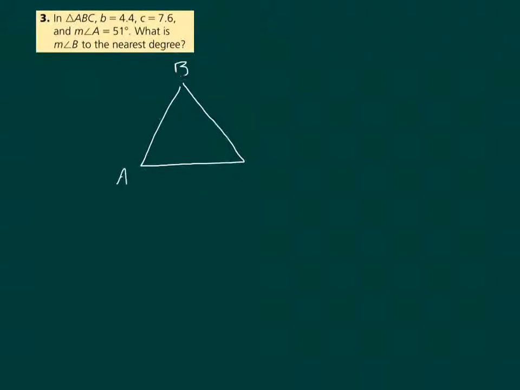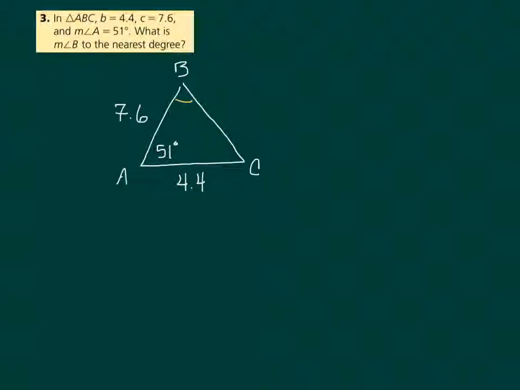A, B, C. We know side B is 4.4. We know side C is 7.6. And we know that the measure of angle A is 51 degrees. They want the measure of angle B to the nearest degree.